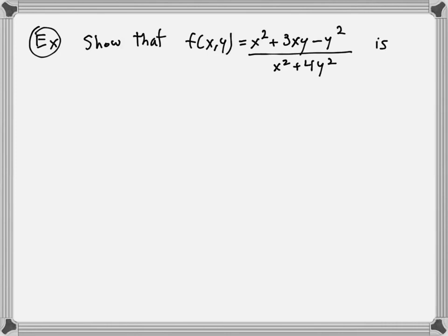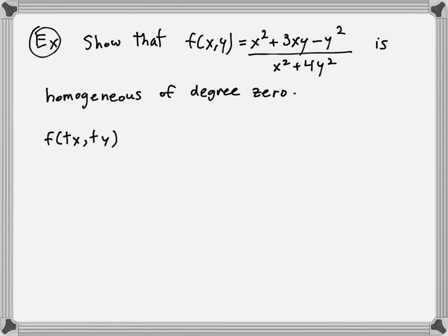Show that that function is homogeneous of degree 0. Okay, so how would you do this? Well, you could just plug in tx and ty and show that you end up with the same function. So what would f of tx comma ty equal?